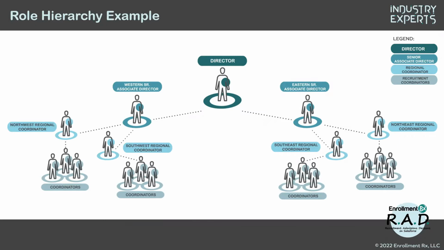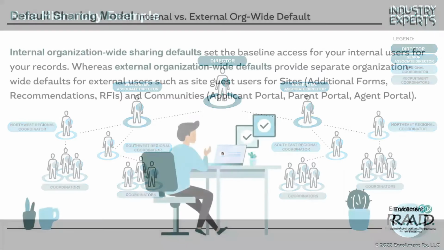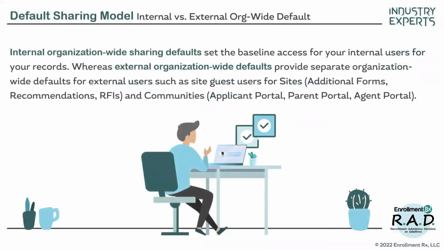Before we start talking about how contact records are shared here, let's quickly cover default sharing settings, also known as organization-wide defaults and sharing rules. In the sharing settings or organization-wide defaults, we have the capability to configure the default level of access for both internal users as well as external users. Typically, there are 3 options for setting that level of access.